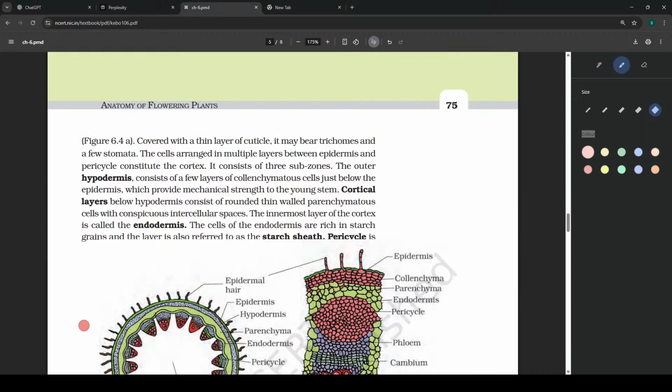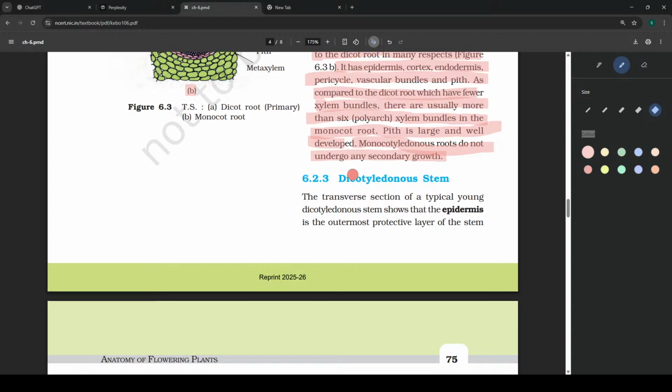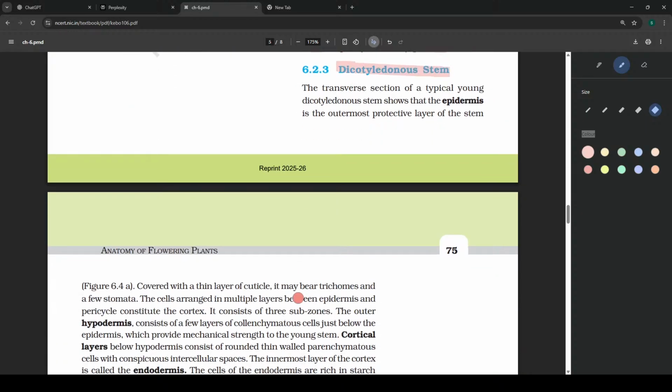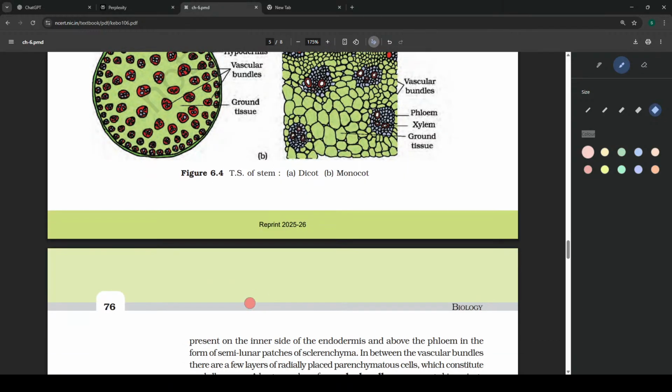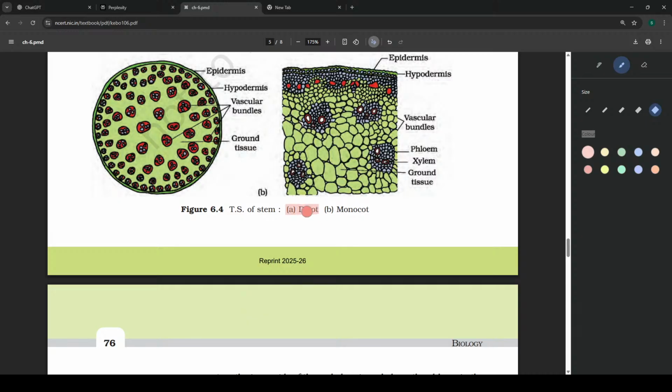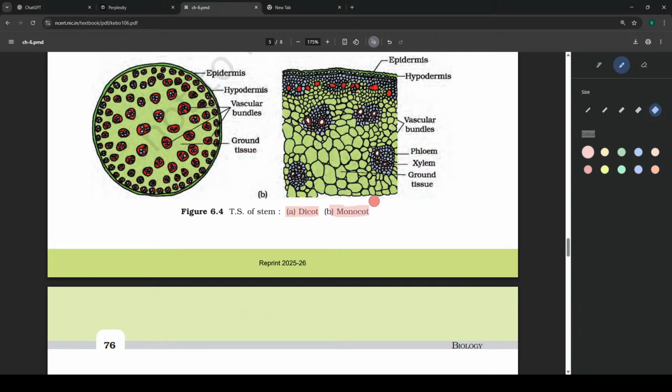Now let's go to the next main topic, that is the dicotyledonous stem. Let's see the diagram first. The first one is dicot, the second one is monocot.